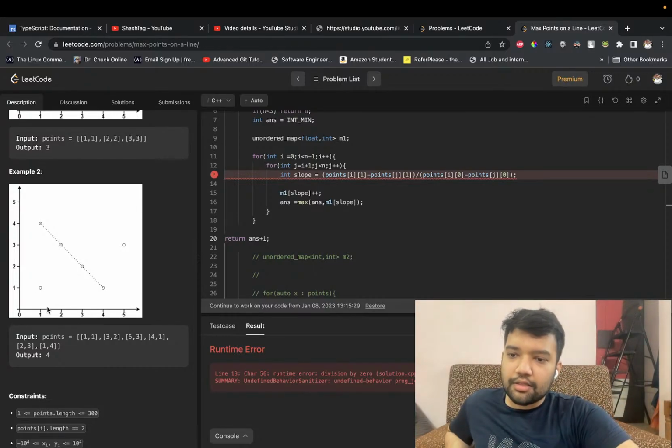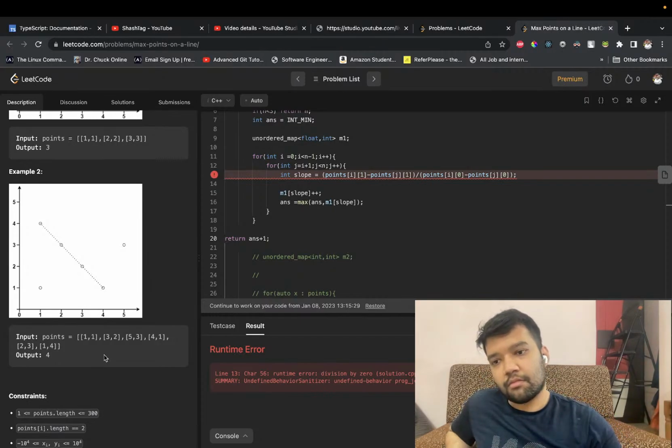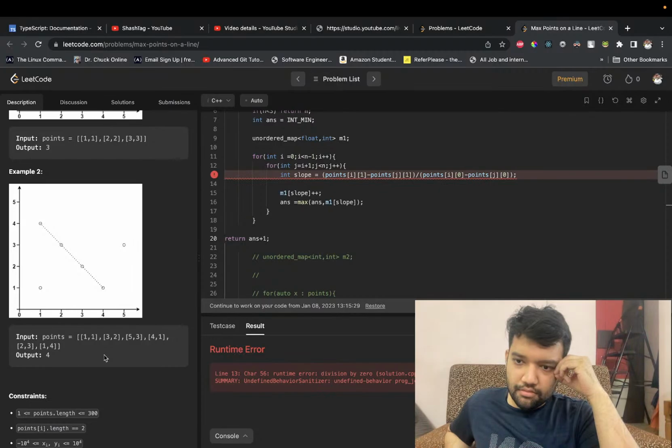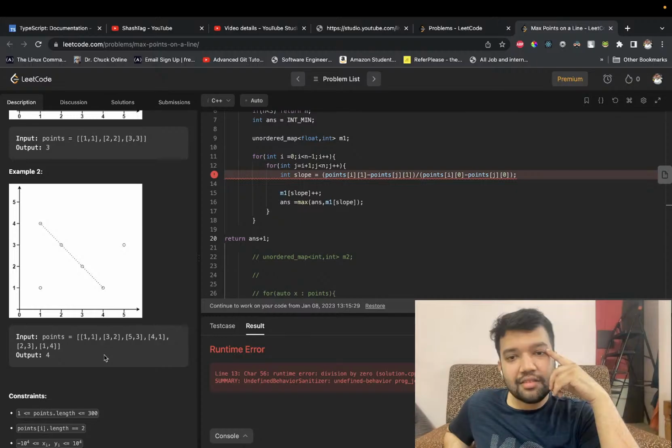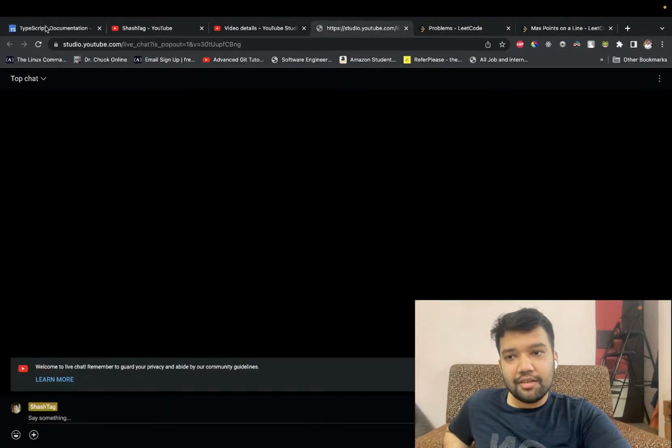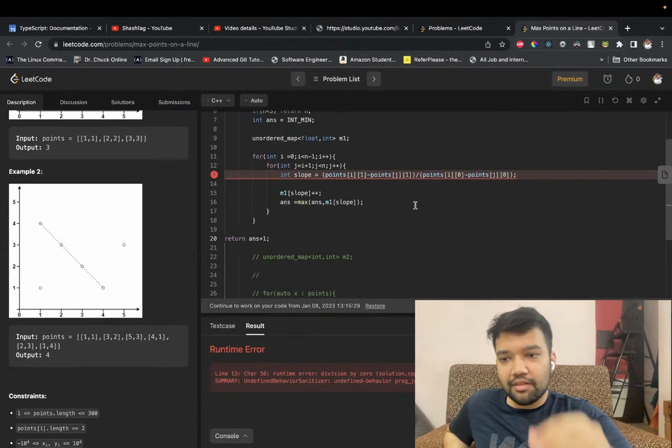Okay. In this case, I guess I want two slopes. I understand why it's a hard problem.